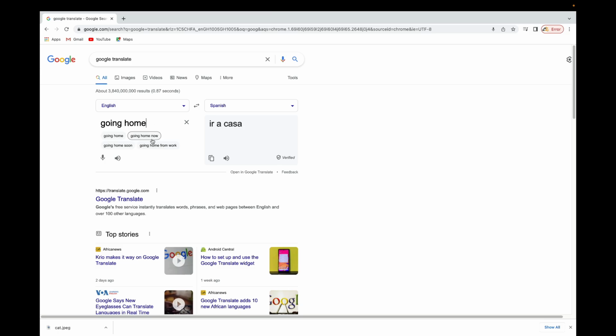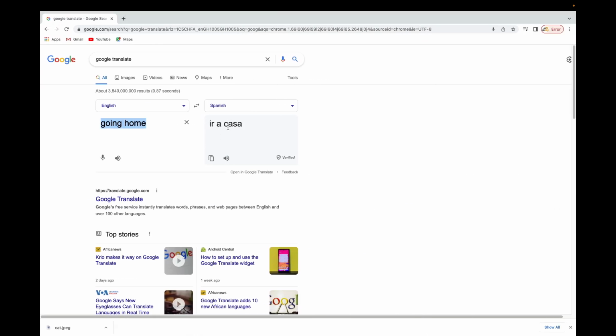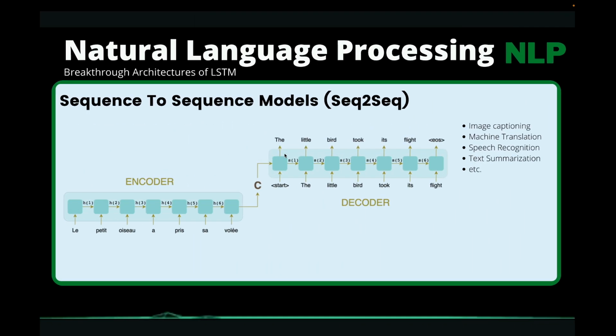Okay, so you see that here the length is 2 words, but the length here is 3 words. So the architecture here could be 2 LSTMs over there, and then here we have 3 LSTMs for the decoder part. So the encoder can have 2 and the decoder can have 3.